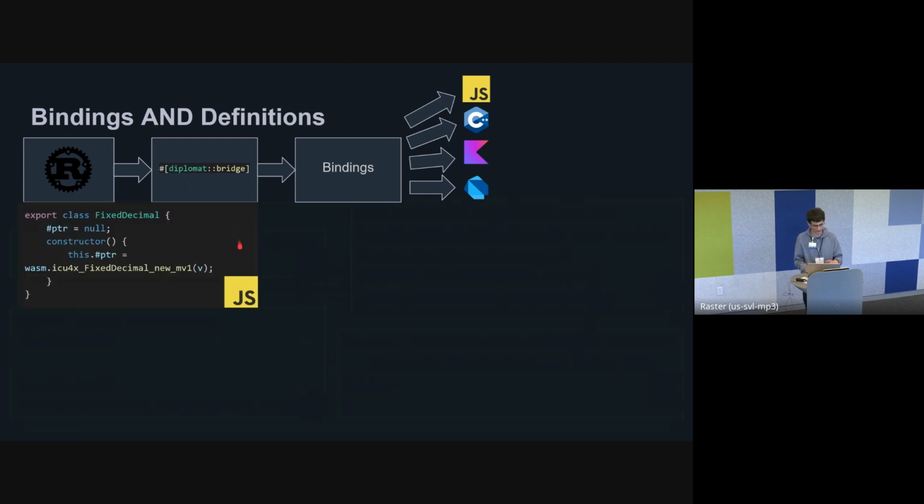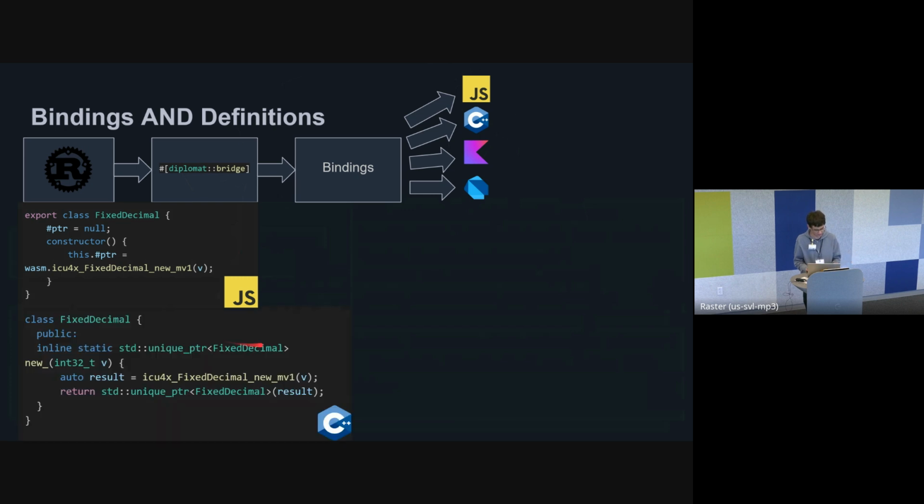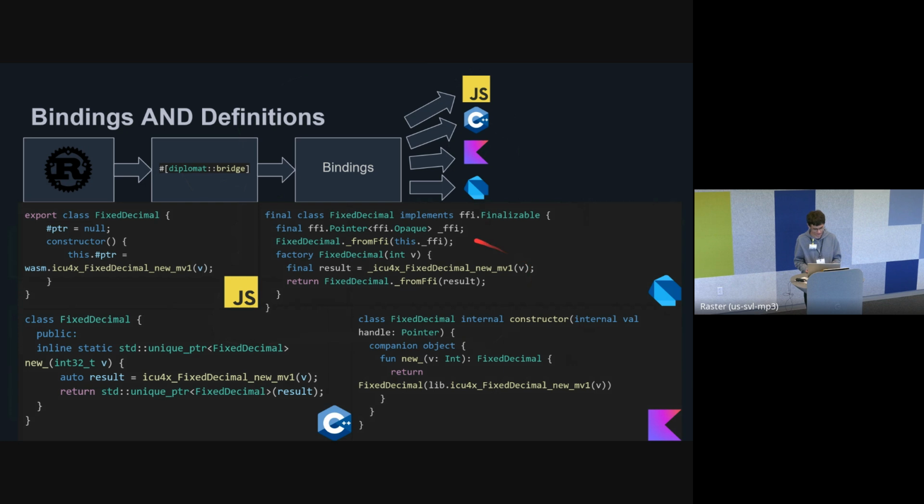So we have definitions for JavaScript, for C++, for Kotlin, for Dart, and Diplomat handles all of this for you. You just need to write the definition in the bridge, and then that's where we get all of these definitions from. It's basically one definition to many definitions in each of these languages.